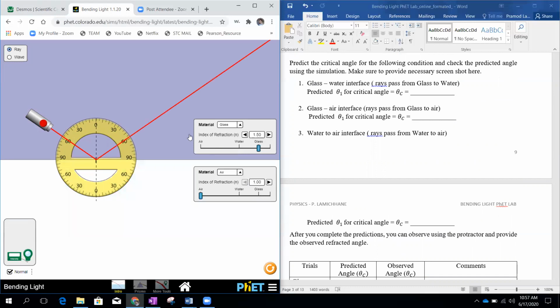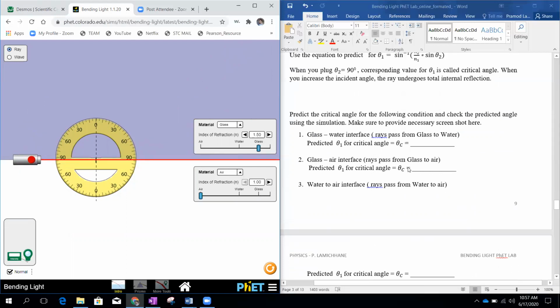That's how the critical angle is done. So glass to air. When you predict the critical angle under the following condition, check the predicted angle using the simulation, and make sure to provide the necessary screenshot here. You need to do the screenshot as well.